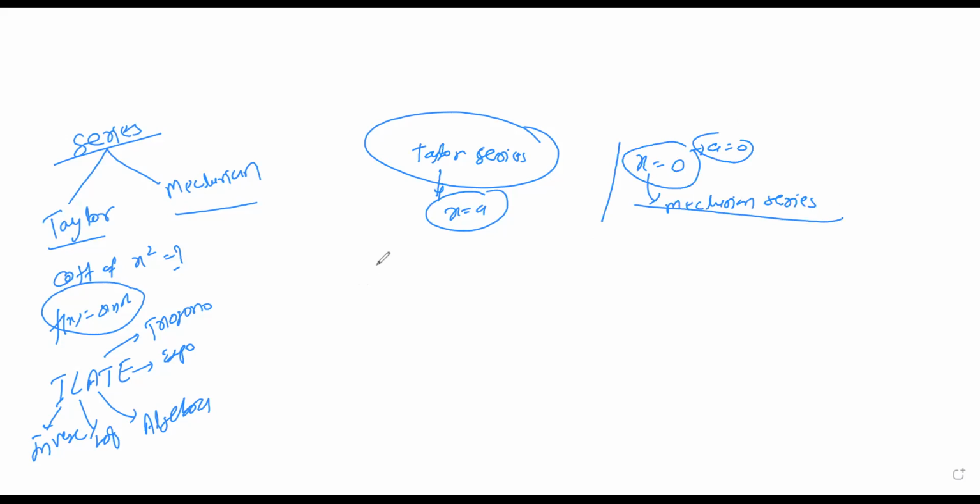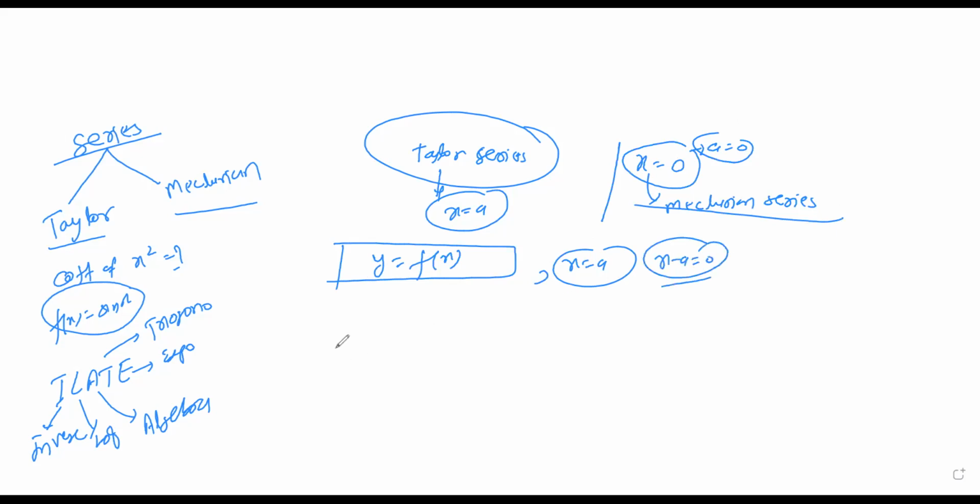So here the formula is there. If y is equal to f of x, some function is given, and it asks to write down the series at x is equal to a, it means x minus a must be equal to 0.